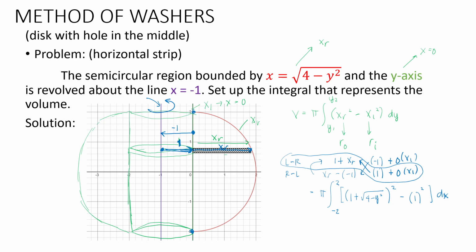So the other format, if you are using right to left, that would give you -2 to 2. And then this would be square root of 4 minus y squared minus -1. Okay, paatras man ta, di ba?